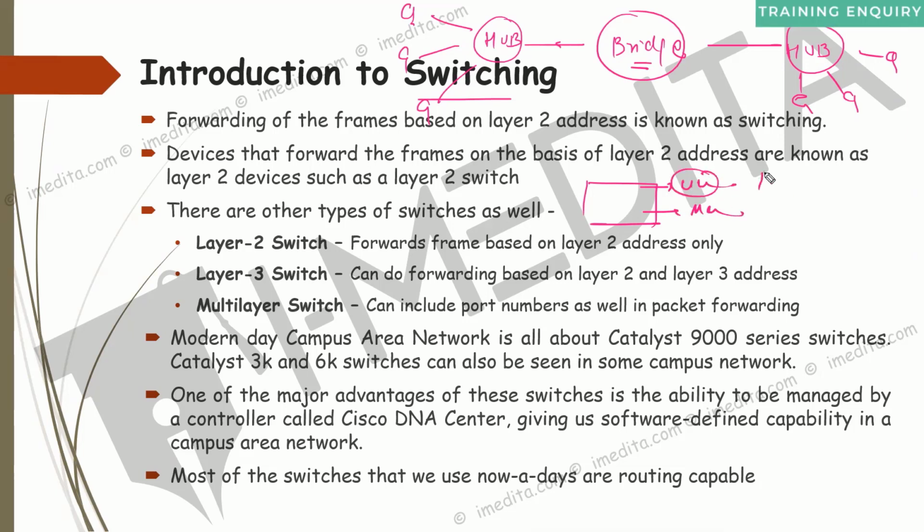Unmanageable switches are, for example, a D-Link switch or some other vendor switch that you cannot really manage using a console cable or anything like that, but you are not going to call it a hub. You are going to call it an unmanageable switch. That is just a typical network switch that we cannot manage.